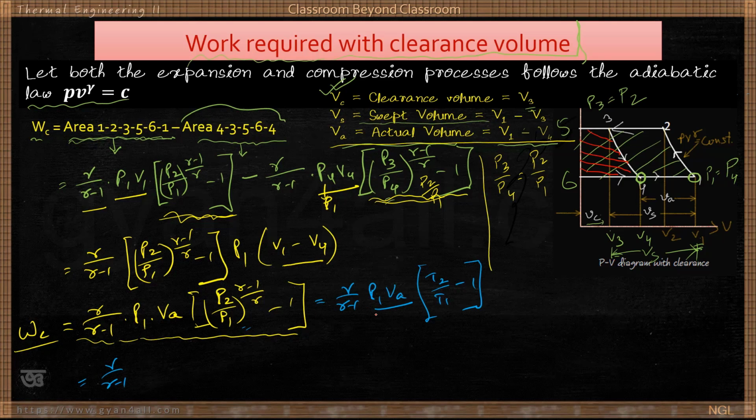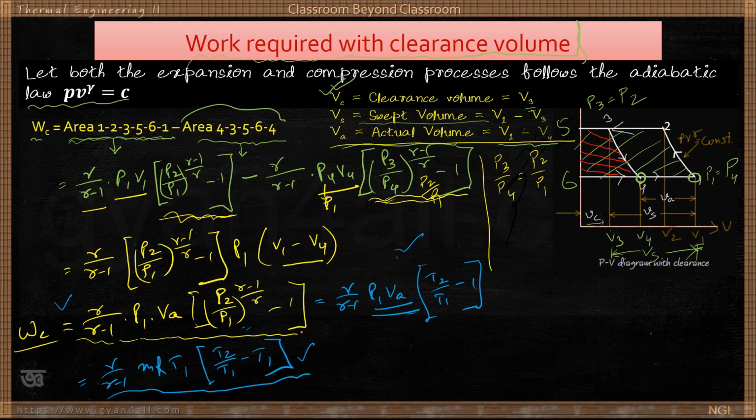Here P1 V1 we can write as M R T1, since it is working at the temperature T1 itself. So that is equal to T2 by T1 minus T1. So any formula you can use. As per our requirement, we will use this first one or this one or this one.